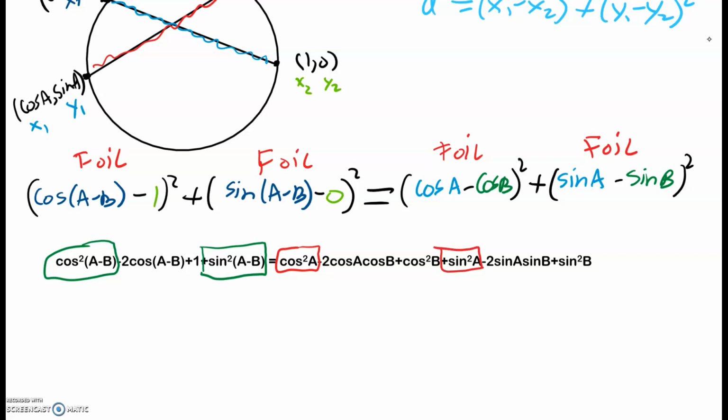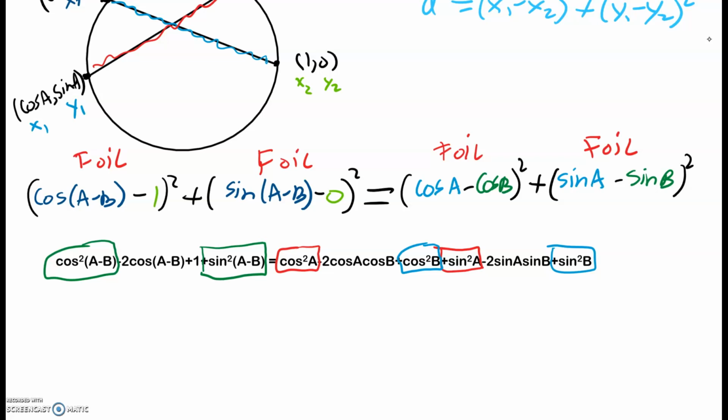Okay, so I got that one. And then over here, I have a cosine squared B and a sine squared B. So everything in green equals 1, everything in red equals 1, everything in blue equals 1.